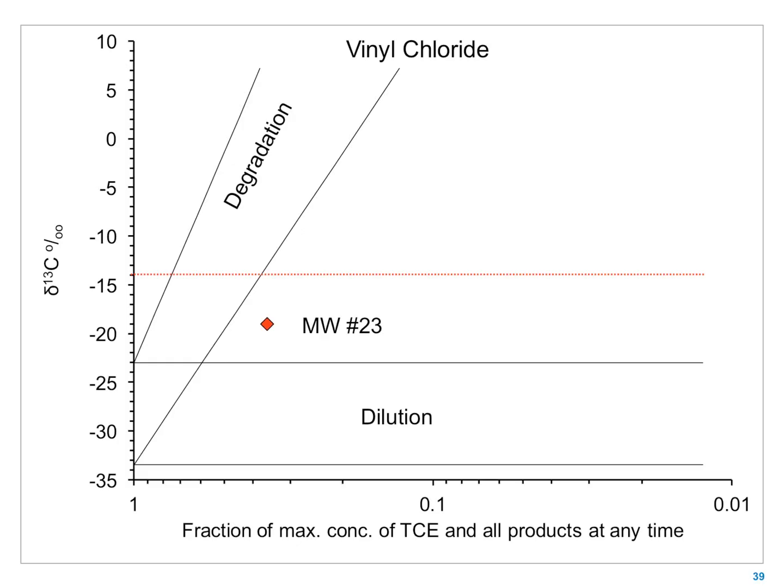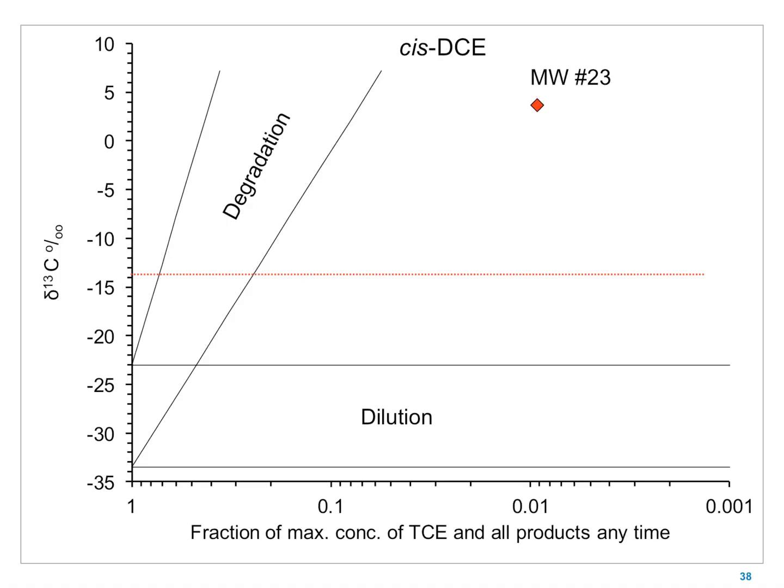Now, vinyl chloride was the one that was problematic. If we didn't have a significant alternative degradation product, if that did not happen and all of the TCE turned into cis and all the cis turned into vinyl chloride, then it's above that range of dilution, and we can say that vinyl chloride behaves as if there's a combination of degradation and dilution. Can we go back a slide to slide 38, Dora?